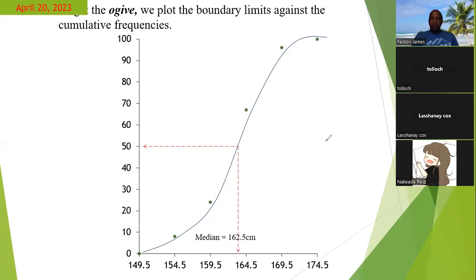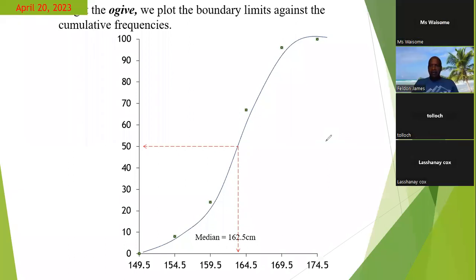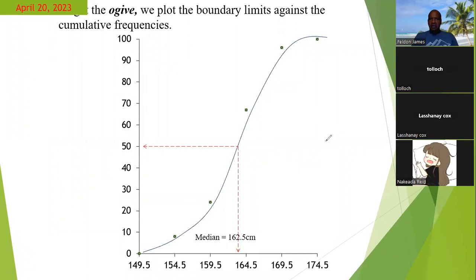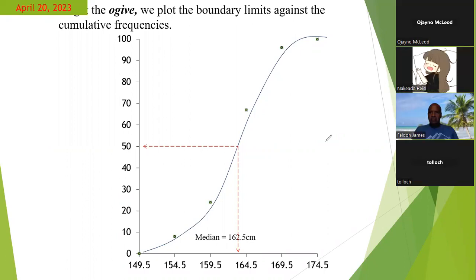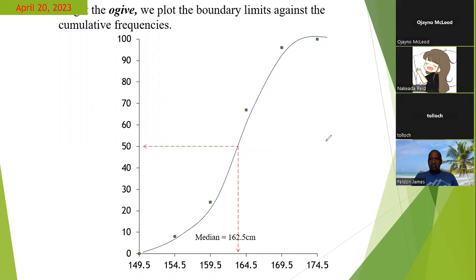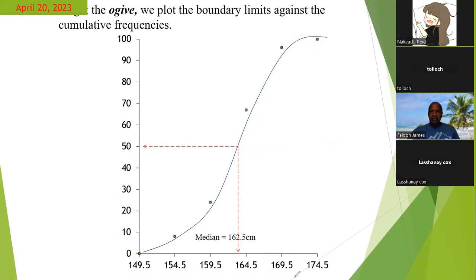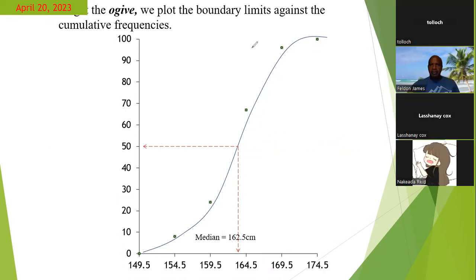Let me see the hands of those who understand how to find the median value using this graph. All right, so I see persons are putting up their hands kind of reluctantly.